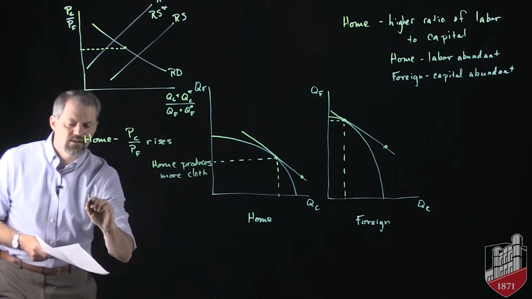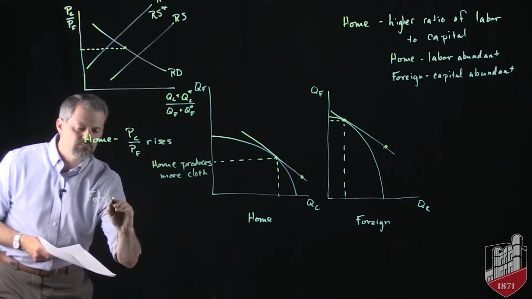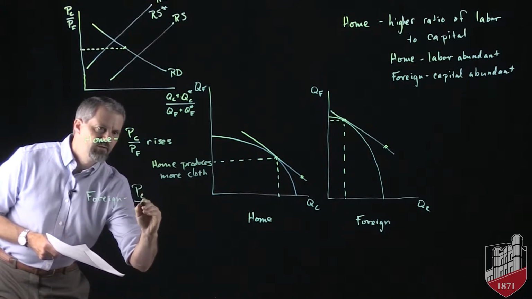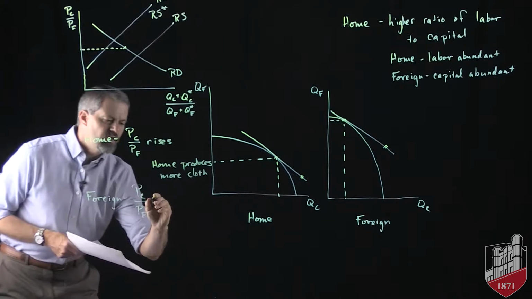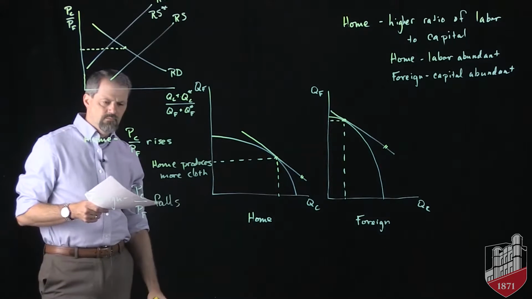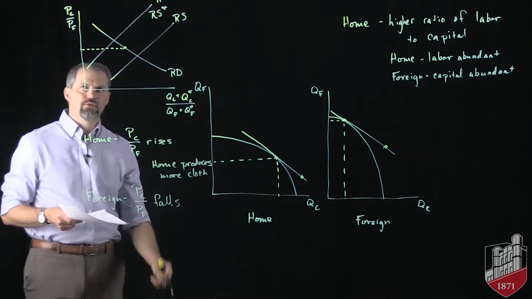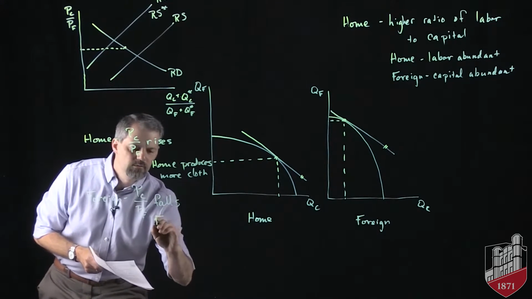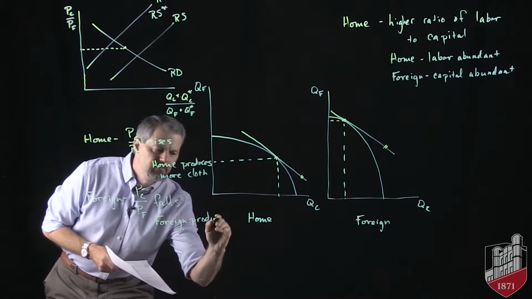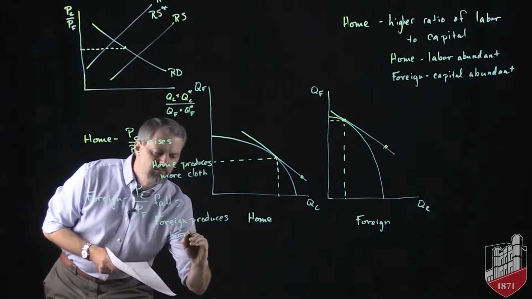In foreign, the opposite will happen. The relative price of cloth falls. Foreign's going to produce relatively more food.